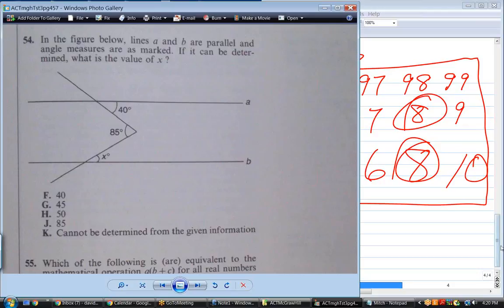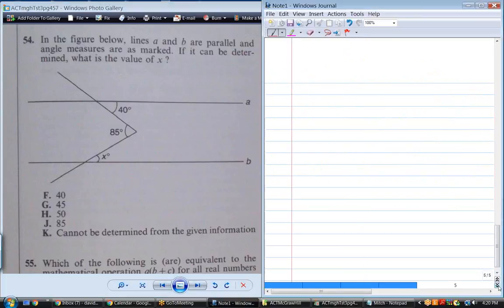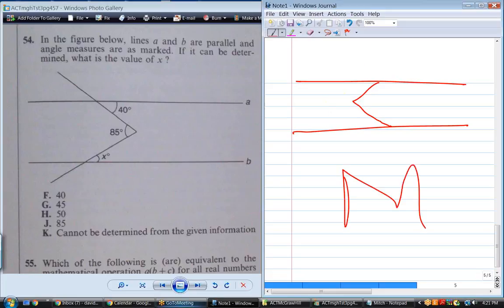Yeah. Okay. In other words, here's the key. And it's amazing how often you see this problem on the ACT. If the transversal doesn't go all the way across, it ends up looking like an M. Rotate this 90 degrees to the left and you've got a big M, right? Okay.